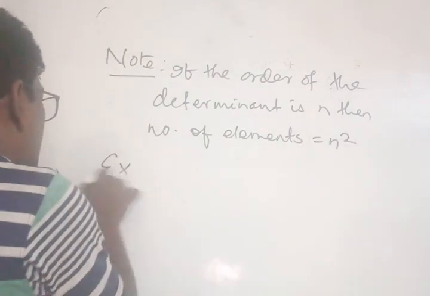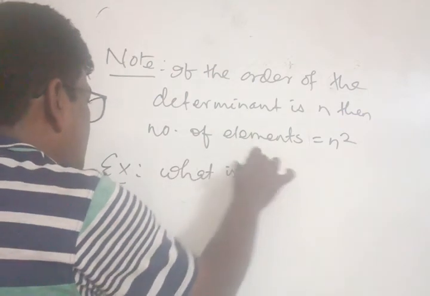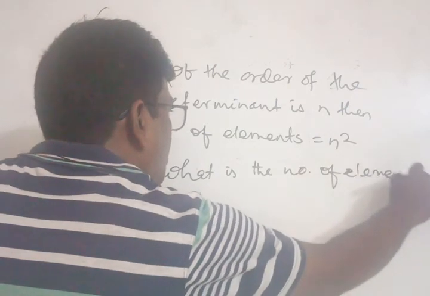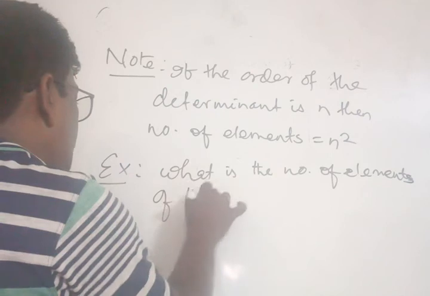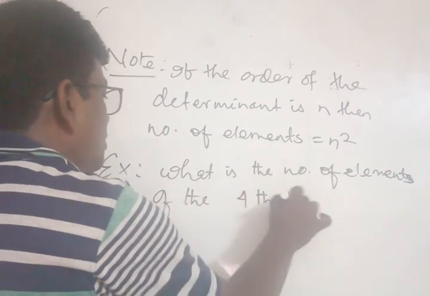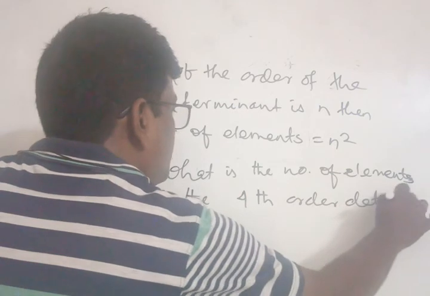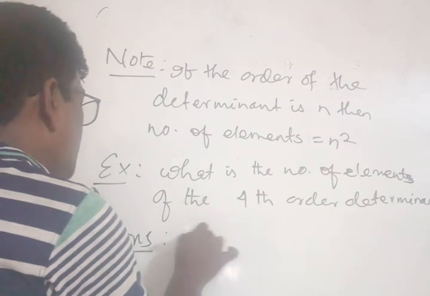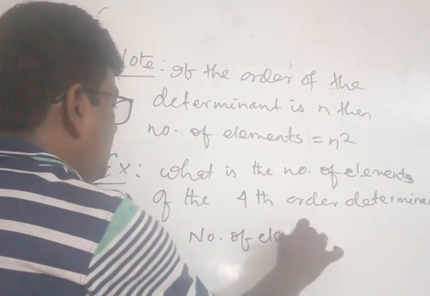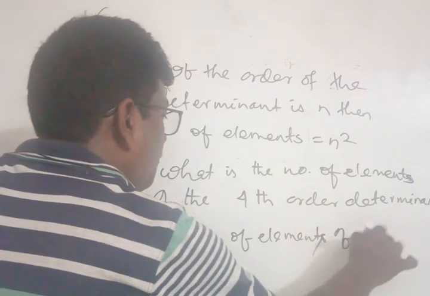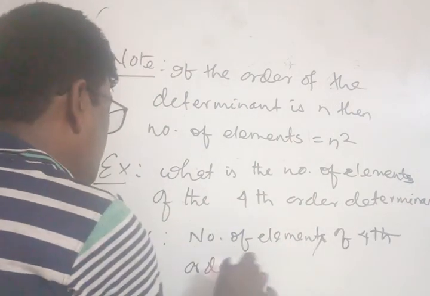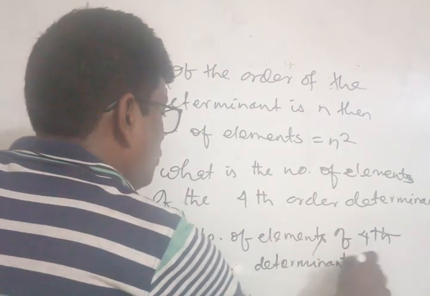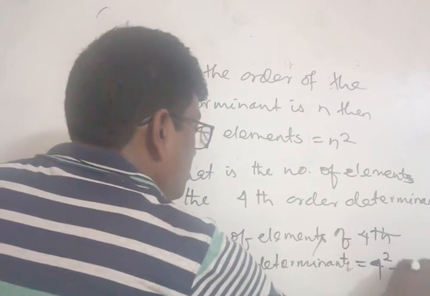For example, what is the number of elements of a fourth order determinant? The number of elements of a fourth order determinant is equal to 4 square, that is equal to 16.